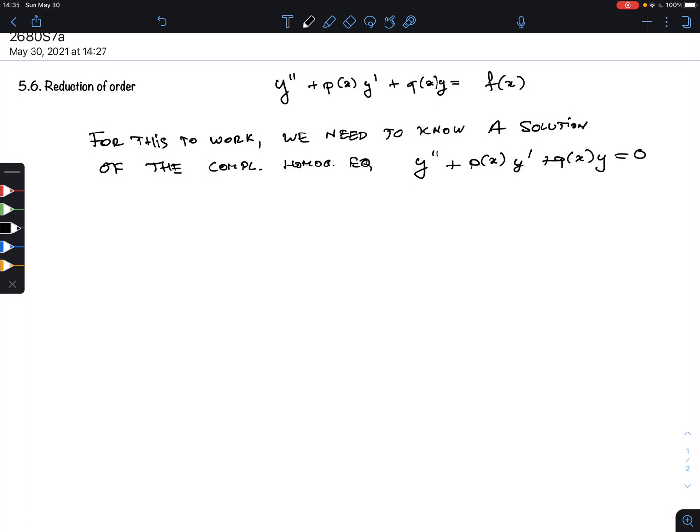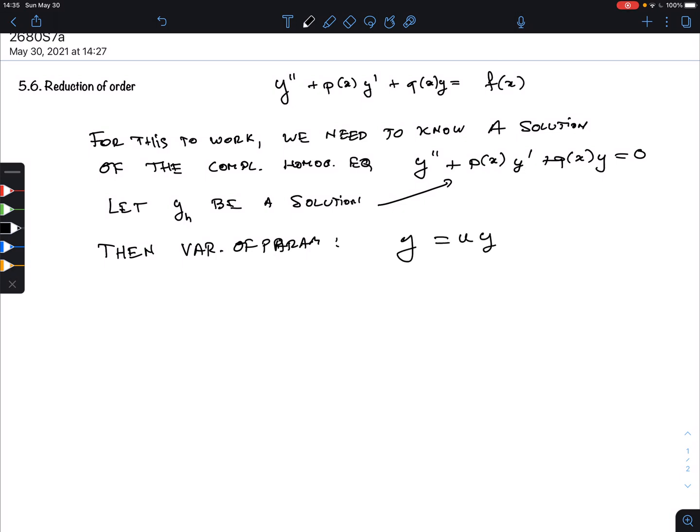If we know one of those, let y_h, for homogeneous (in the textbook they use a different subscript), be a solution of this equation. Then we do again variation of parameters. We look at the function y of the form u times y_h, as we would do before.